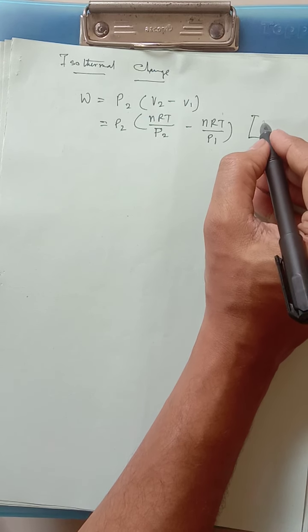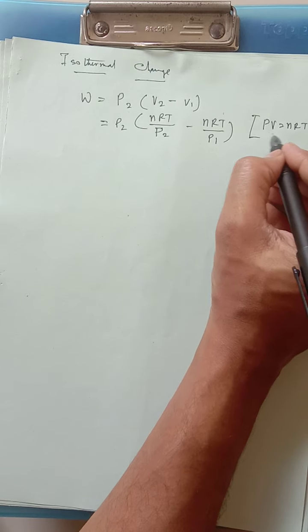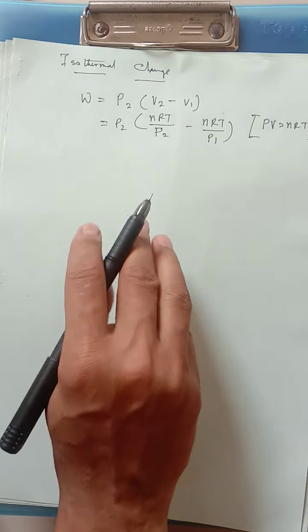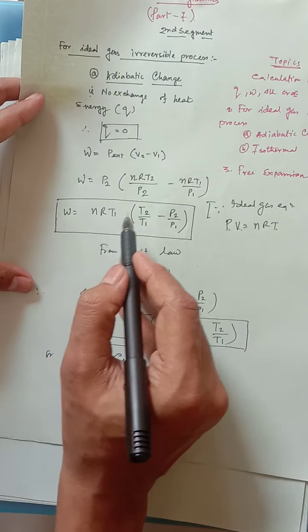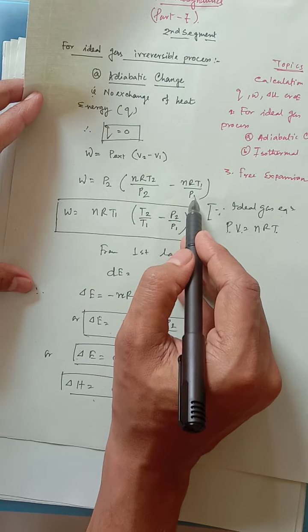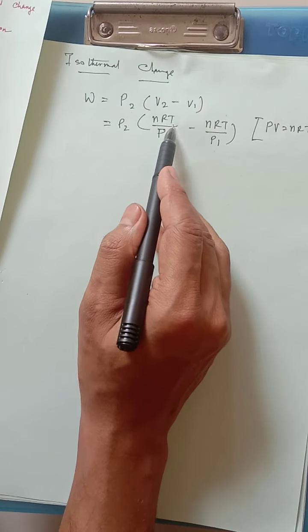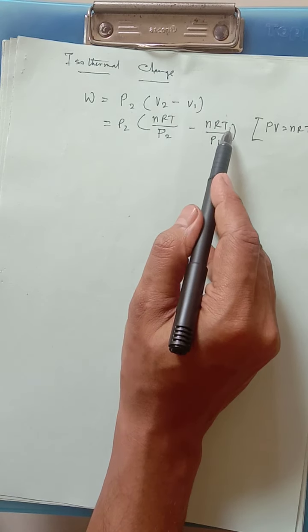Now again, the same thing: the formula I have used is PV equals nRT. But one more thing we have to notice over here. Earlier in case of adiabatic change I mentioned nRT2 by P2 and nRT1 by P1, but here nRT by P2 and nRT by P1, no T2 and T1 I have given.